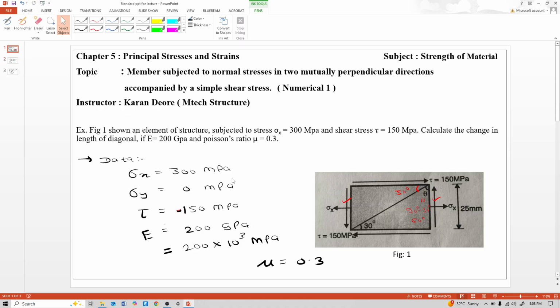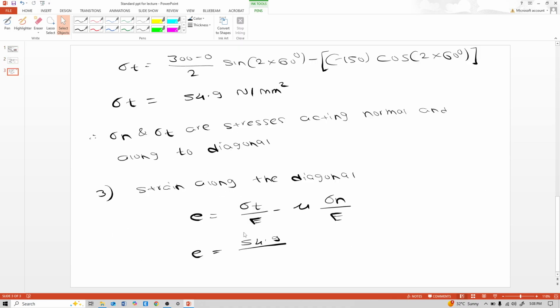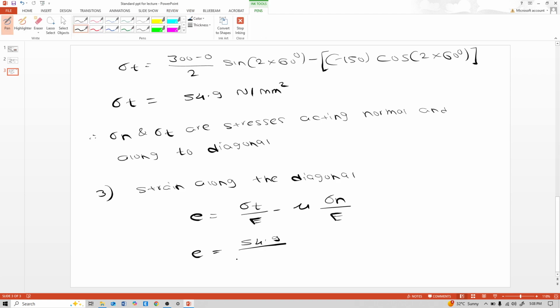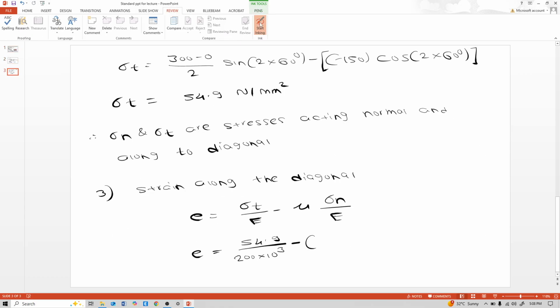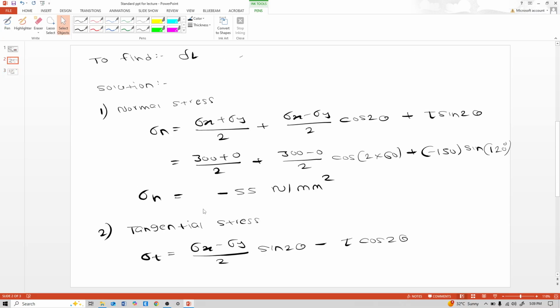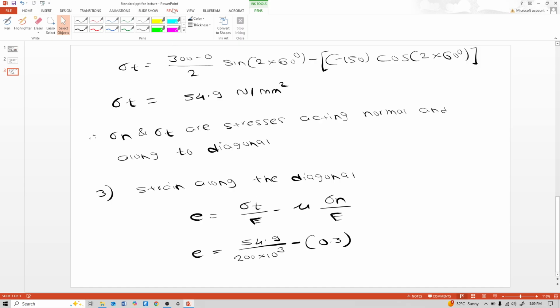E is 200 into 10 raised to 3, minus mu is 0.3, sigma n is minus 55.